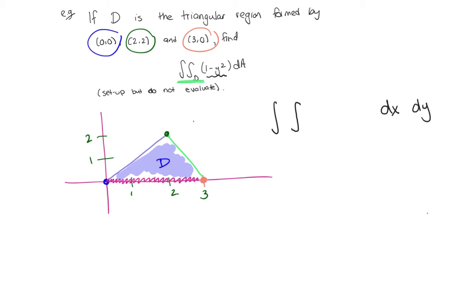As I move in that direction, the first thing I hit is this purple curve, so that's the lower bound. The next thing I hit is this green bound. So we go from the purple curve to the green curve. Because it's a dx integral, I need these to be x equals and x equals.